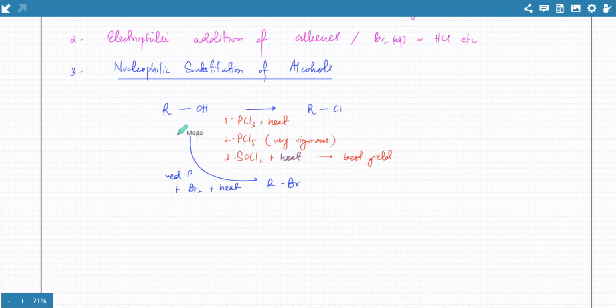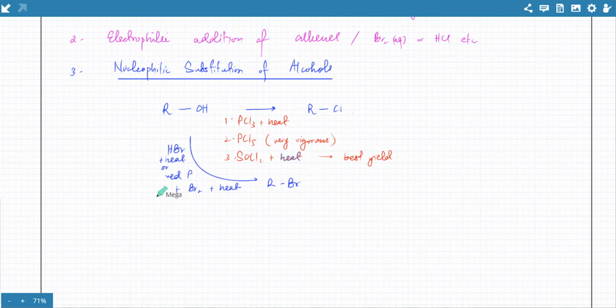Or you could also use HBr. So they're two separate reactions.